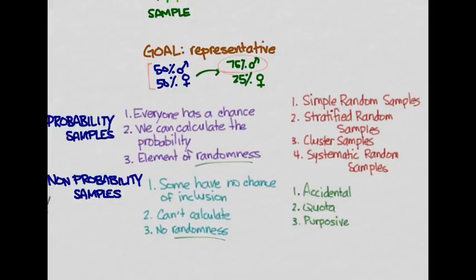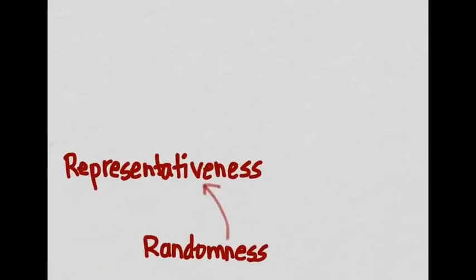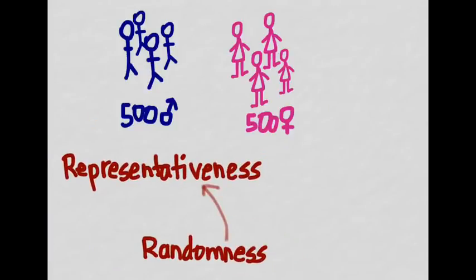Now, one point of order I want to make is that randomness does not automatically guarantee representativeness. I'll give you two examples. Let's say we had a population of 500 men and 500 women, and we took a sample of 10. It's conceivable, if we randomly picked from within this population, that we would get 7 men and 3 women.